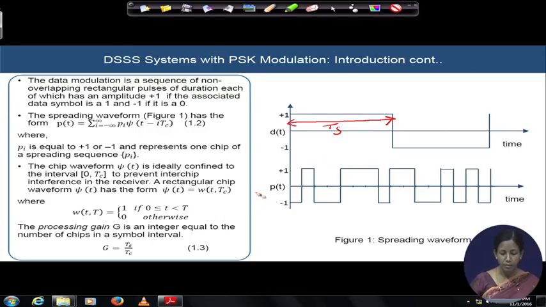The spreading waveform p(t) is usually given by the summation from minus infinity to plus infinity of p_i psi(t minus i Tc), where psi takes care of the chip waveform and p_i is either +1 or -1, and it represents the chip of the spreading sequence. What is the form of a chip?